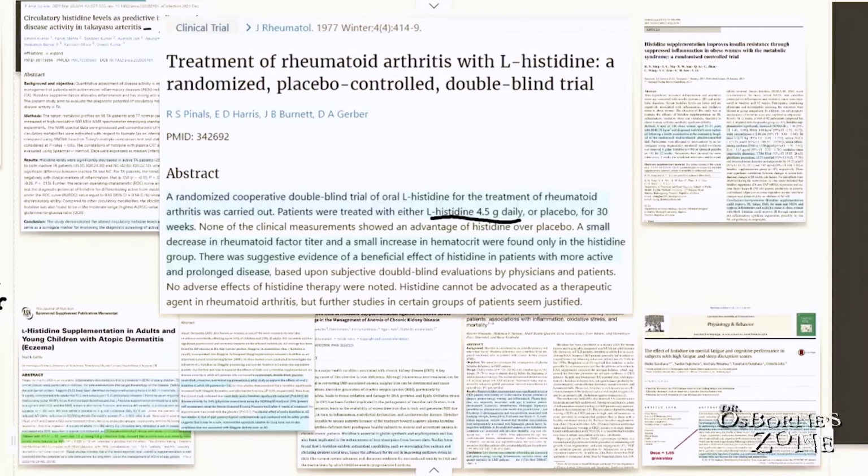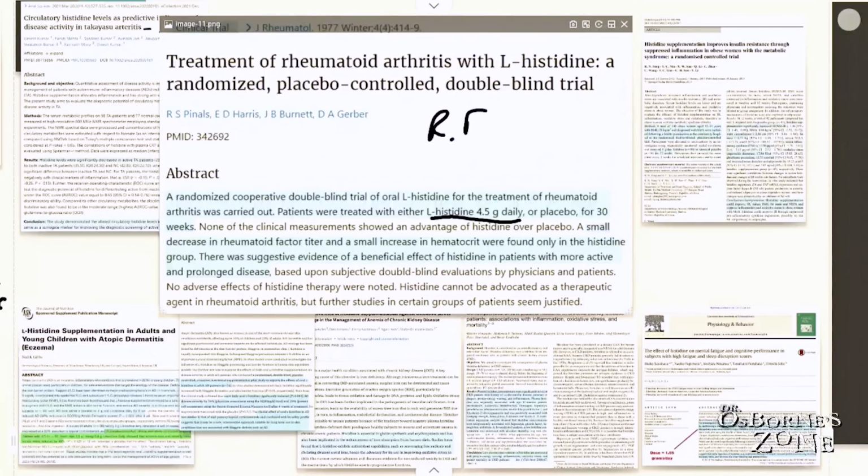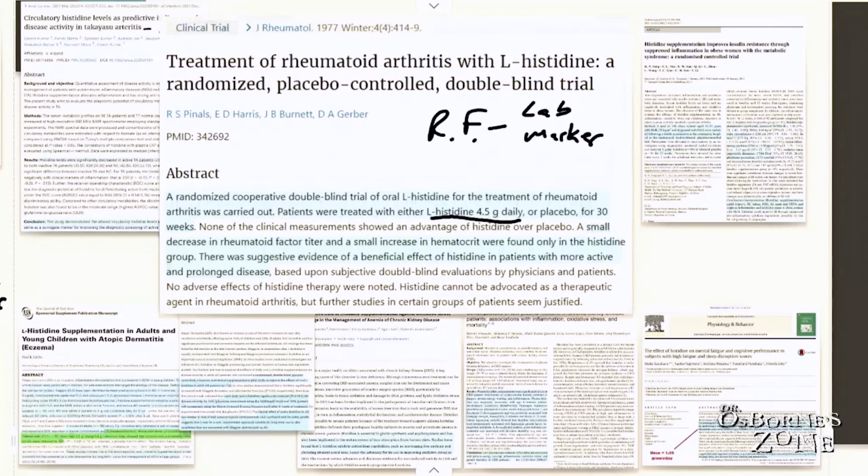So rheumatoid factor, RF, is the primary lab marker for rheumatoid arthritis. And so they found a reduction in that lab marker in patients supplementing with histidine. There was also suggestive evidence of a beneficial effect of histidine in patients with more active and more prolonged disease.